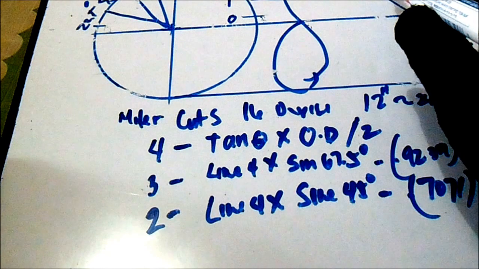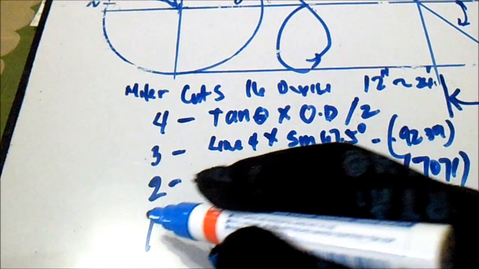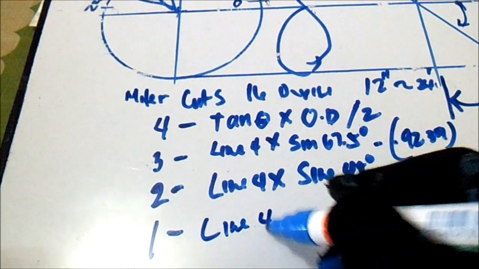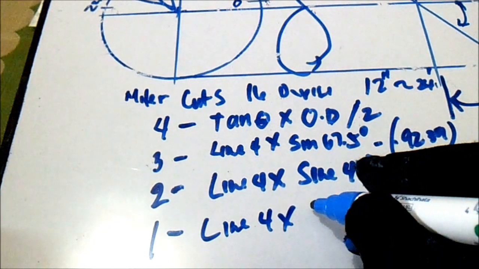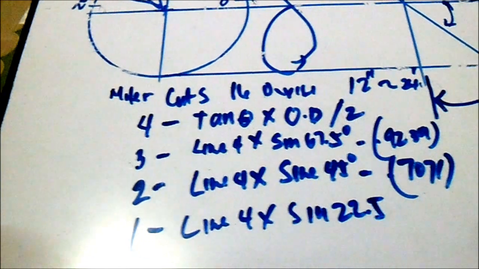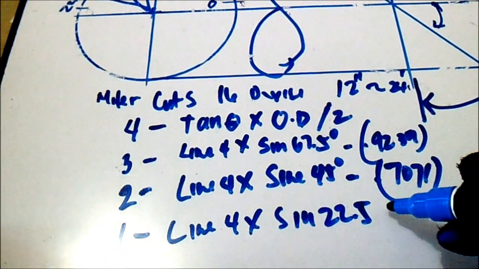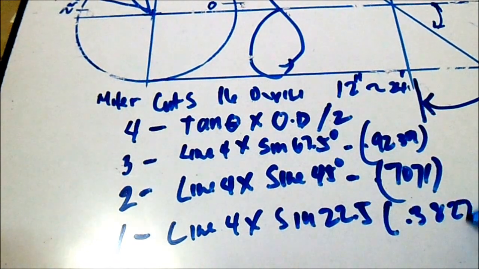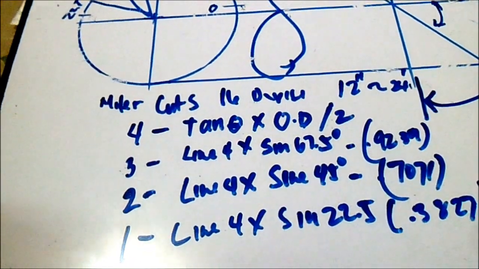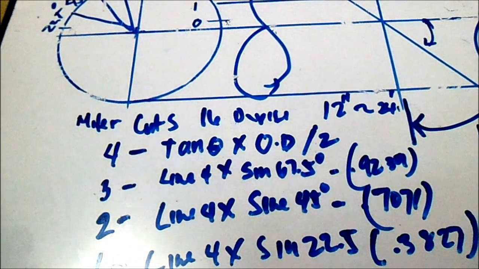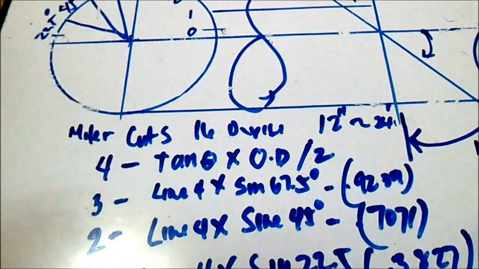To get number 1, line number 4 multiplied by the sine of 22.5 degrees. The sine of 22.5 is 0.3827. So this is how to compute the miter cuts.